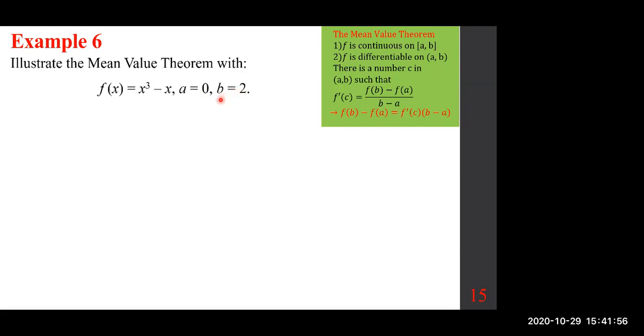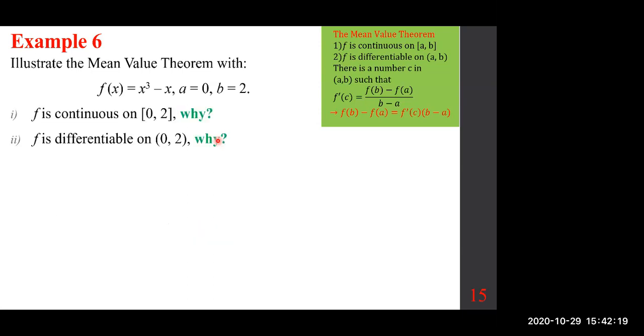So we need to find f prime, which is 3x squared minus 1. And then the bottom line is, find the left side, f prime of x, and the right side of this equation, f of b minus f of a over b minus a, and set them equal. So that's really the idea. Continuous and differentiable, I've mentioned why.